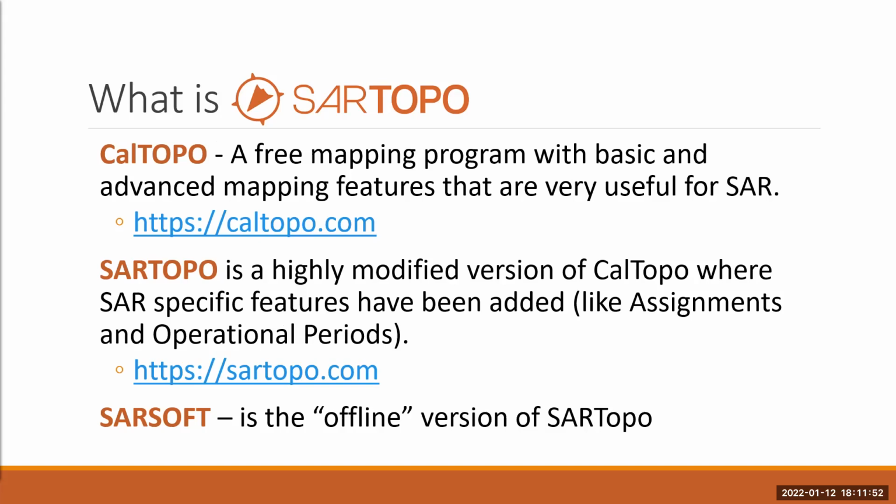And like many adventurous people in the western part of the United States, they're also search and rescue volunteers. So after a little while, they realized what could be done with the system, and they came up with a derivative of CalTopo called SARTopo.